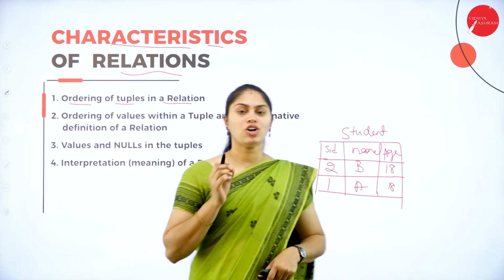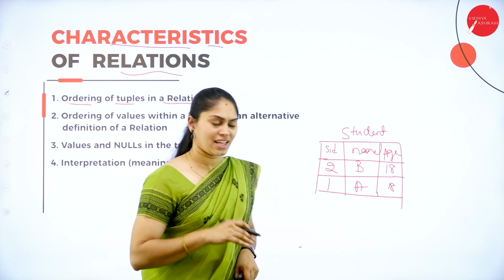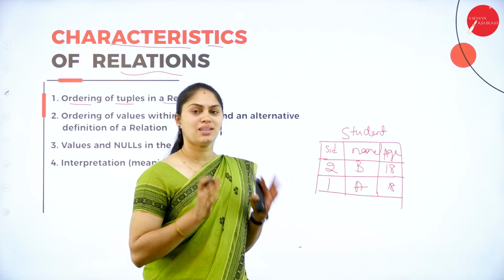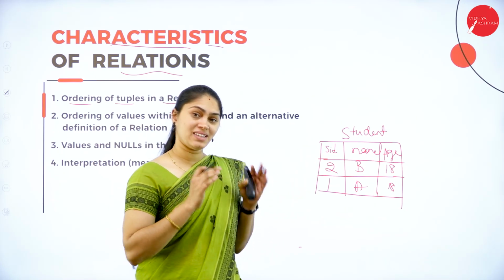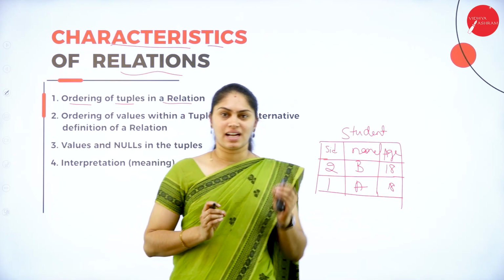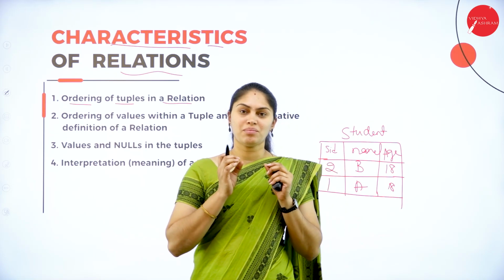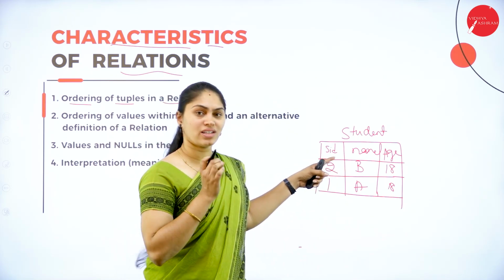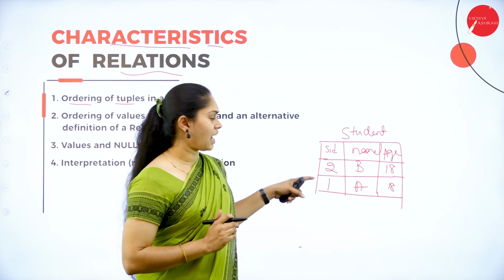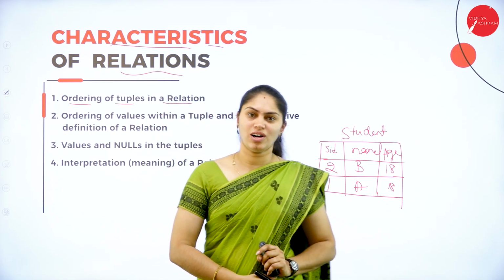So here the ordering of tuples in a relation does not matter. Whether you are taking second student ID next, that does not matter. What is the main thing? The value should be there in that particular tuple. So that is what you need to understand. Ordering of tuples in a relation does not matter. So here we mainly concentrate on what is the attribute and what is its associated value. We won't bother about the order in which we are giving the values to a tuple.